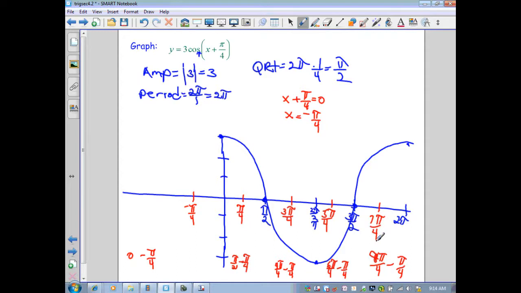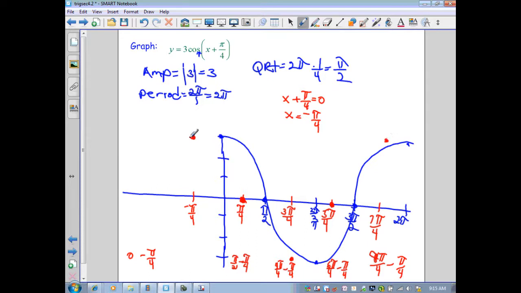Now, I just phase shift each one of these points over to the left by pi over 4. So 3, 0, negative 3, to 0, to positive 3.